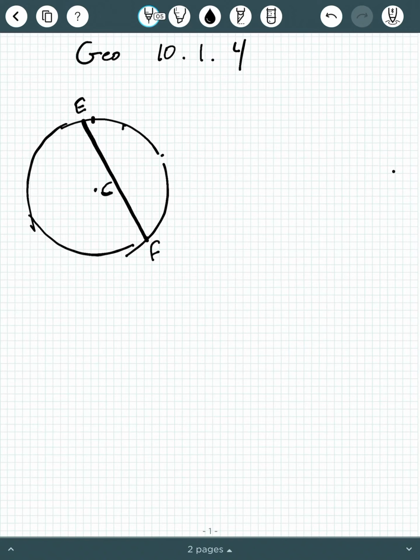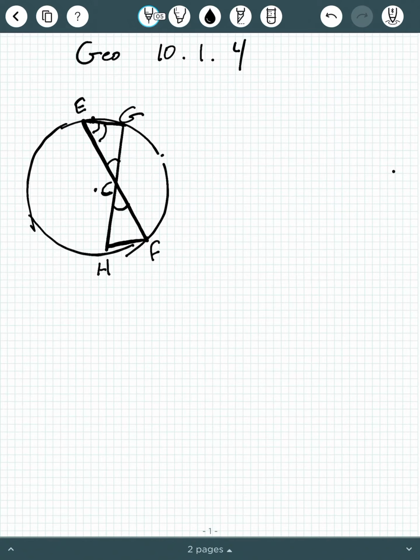So if I draw a second chord, and let's call this one GH, we could see there was in fact a relationship here. We have vertical angles that we know are the same. And then if we were to create full triangles by connecting those points, you would see that at angle E, we're opening up to arc GF.